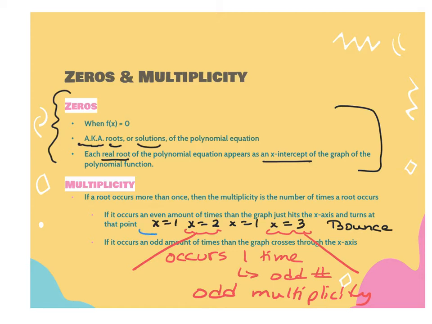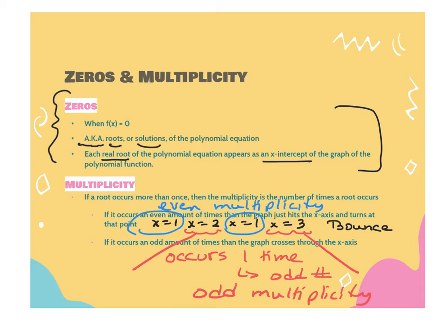However, x equals 1, I'm counting, there's two answers that have the same number. So this is the example of the even multiplicity, because 2 is an even number. I have two answers that have x equals 1, and 2 is an even number, so it has an even multiplicity.